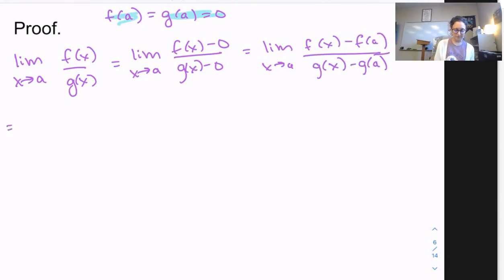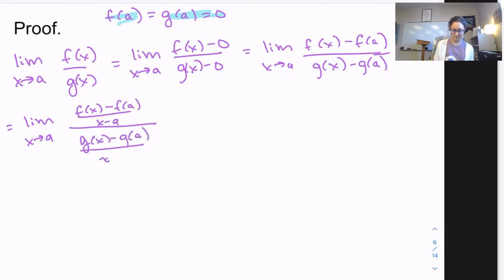All right, so now what I'm going to do, keep that limit. I'm going to go ahead and divide numerator and denominator by the same thing, because again, that is legal. So I'm going to take my numerator, divide it by x minus a, and then do the same thing with my denominator. Okay, and now the limit of a quotient is the quotient of the limits. So I can take this limit and apply it to here and here.